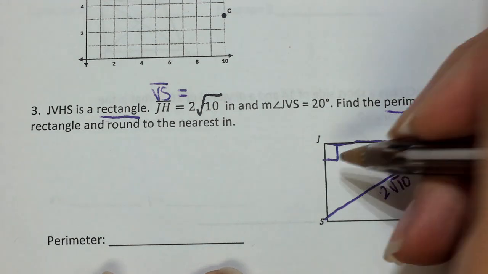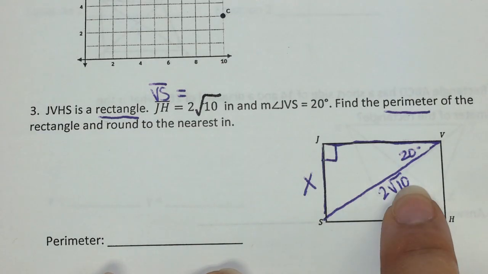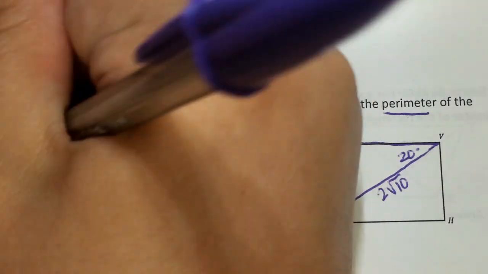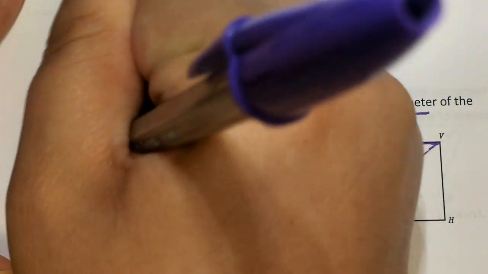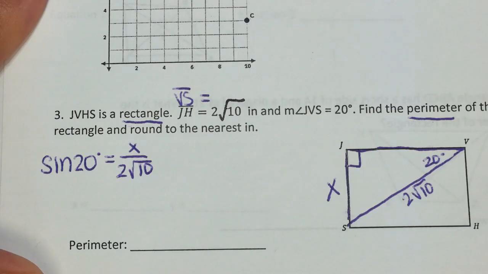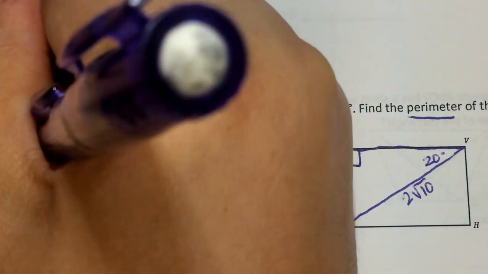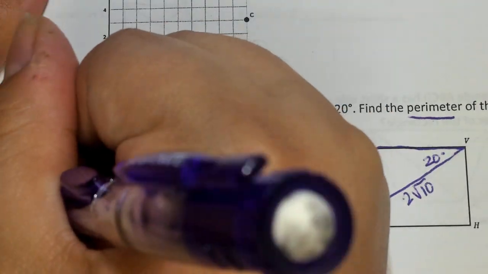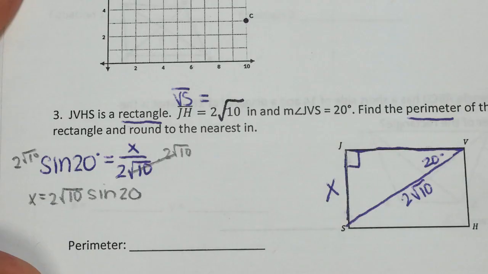Good question. I have an opposite and I have a hypotenuse. So can I say the sine of 20 degrees is opposite over hypotenuse? How do we get x by itself when x is on top? When x is on top, we multiply. And then you are going to want to put that in Desmos.